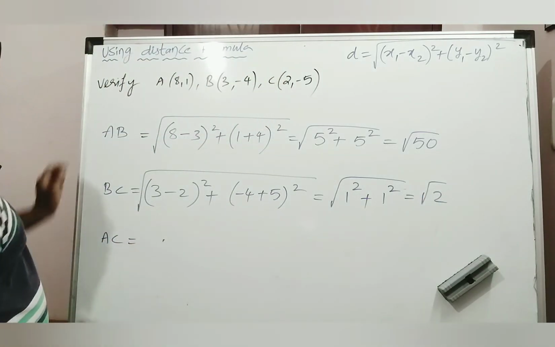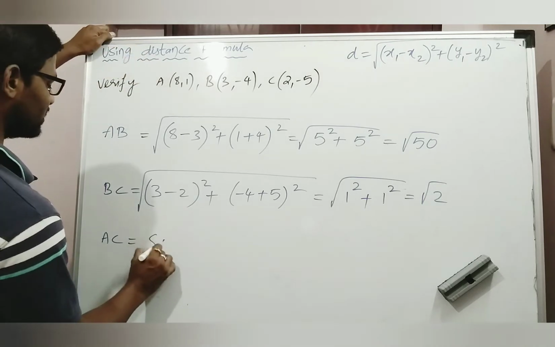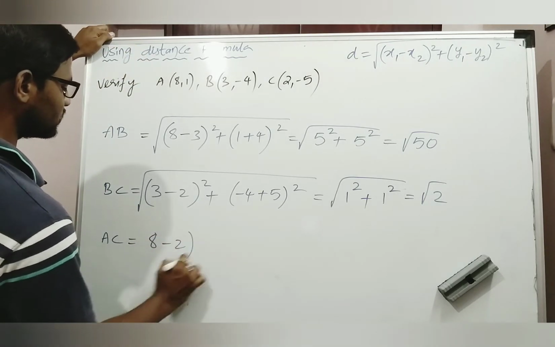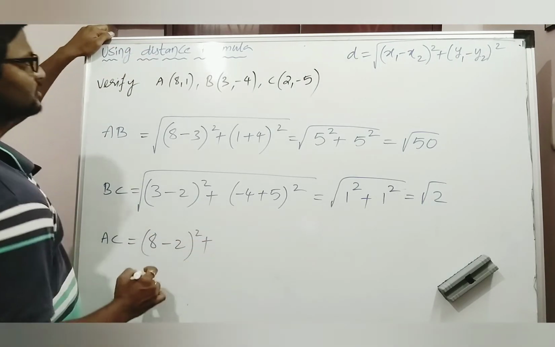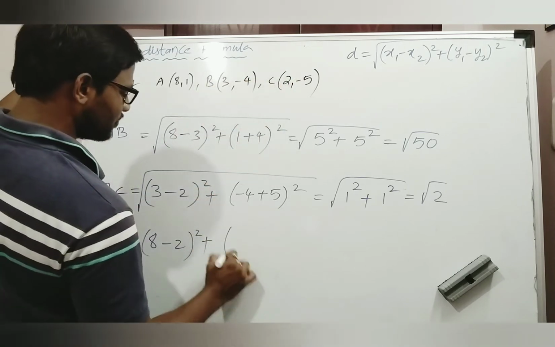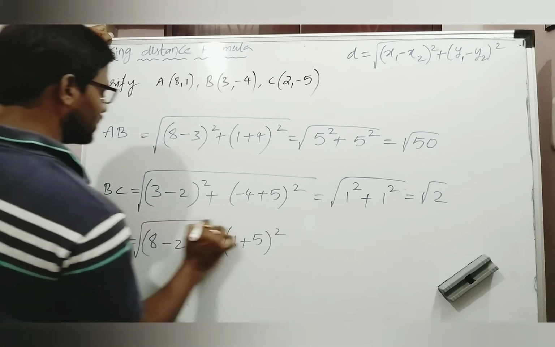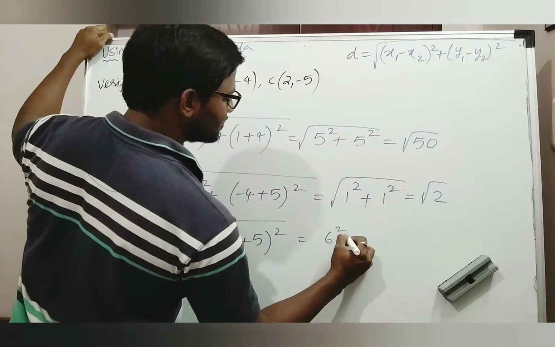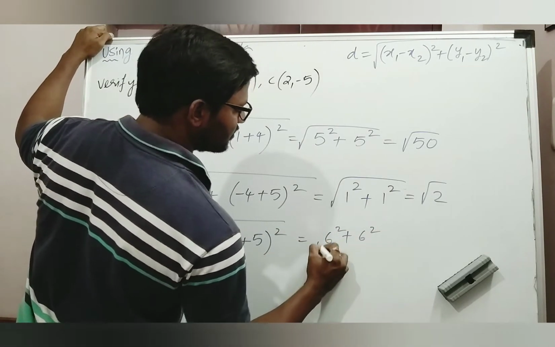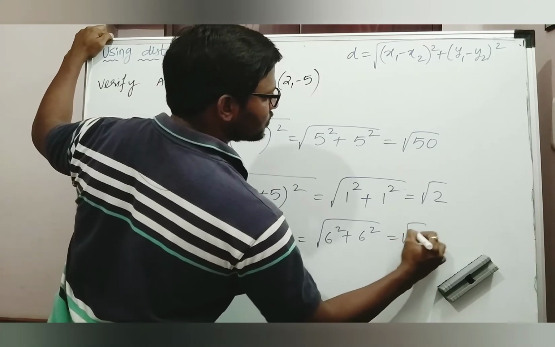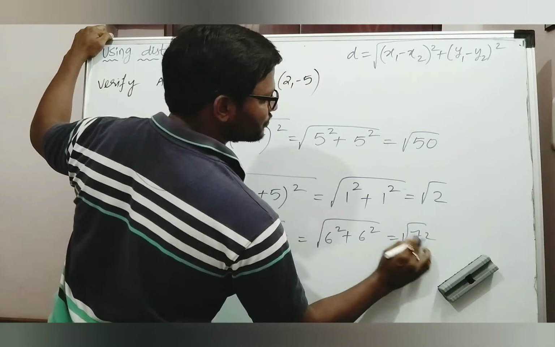Next, length of AC. 8 minus 2 whole square plus 1 minus of minus 5 whole square. 8 minus 2 is 6, 1 plus 5 is 6. 36 plus 36, root 72.